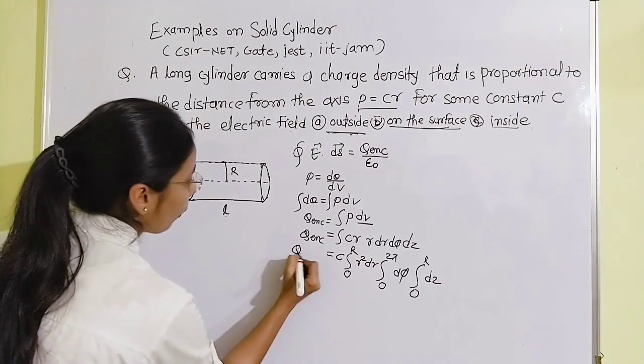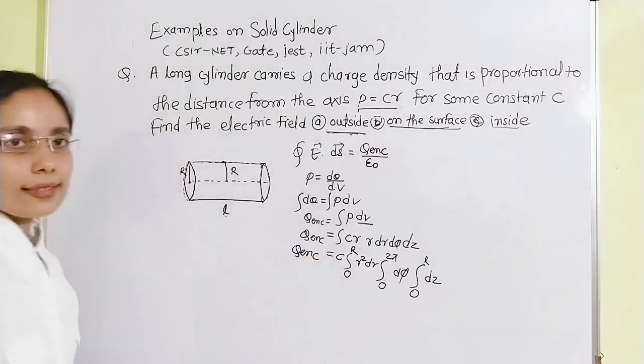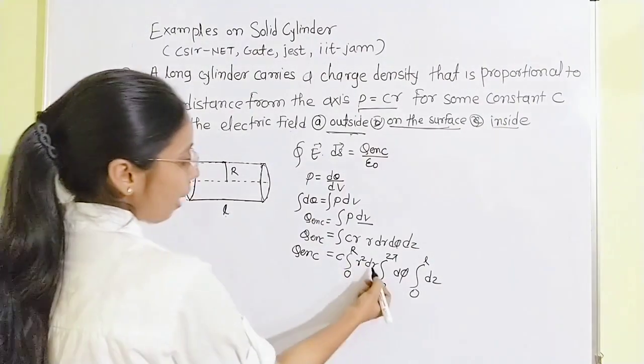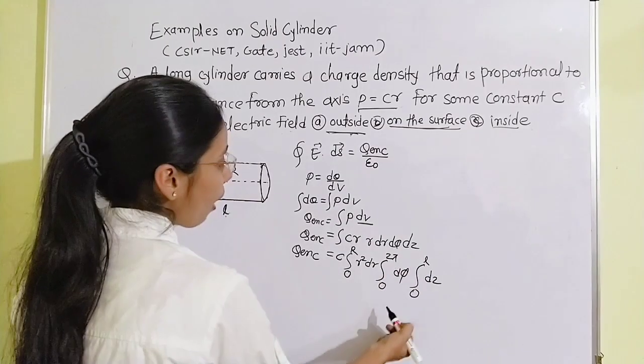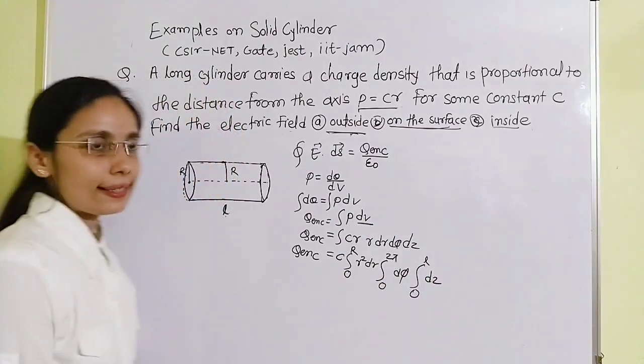So q enclosed is equal to c into integral 0 to R of r square dr, 0 to 2 pi d phi, 0 to L dz.